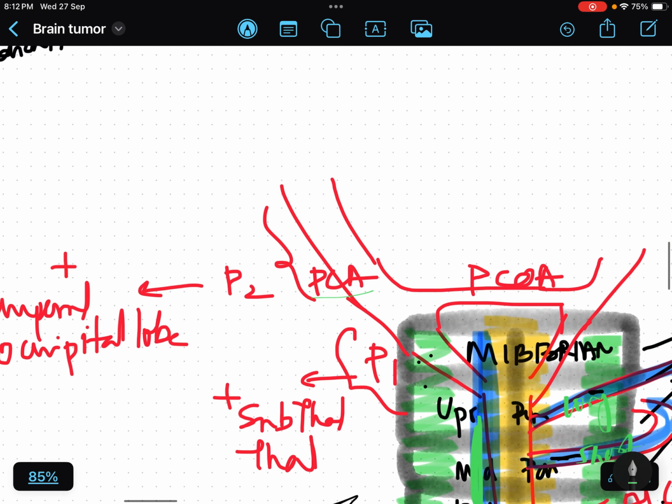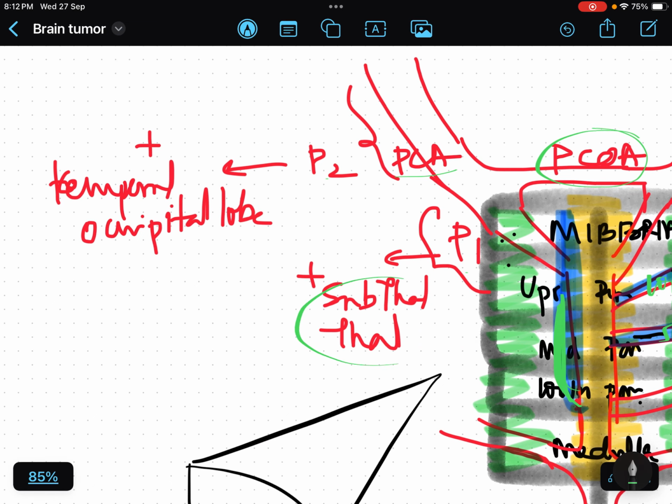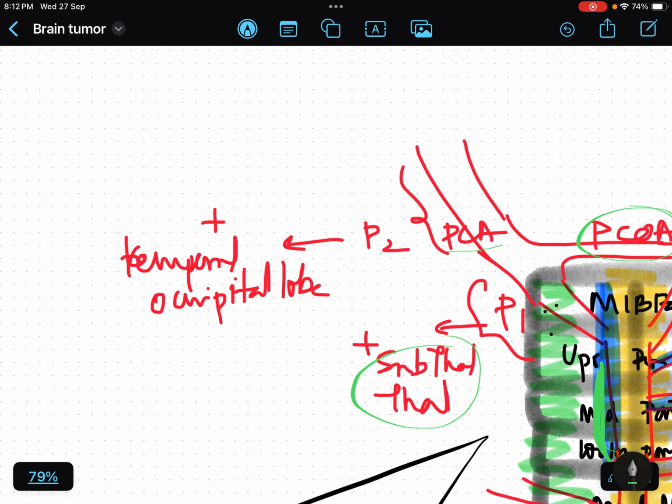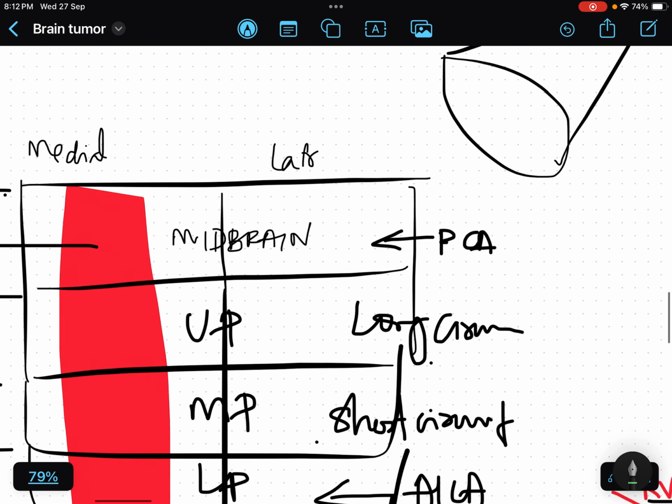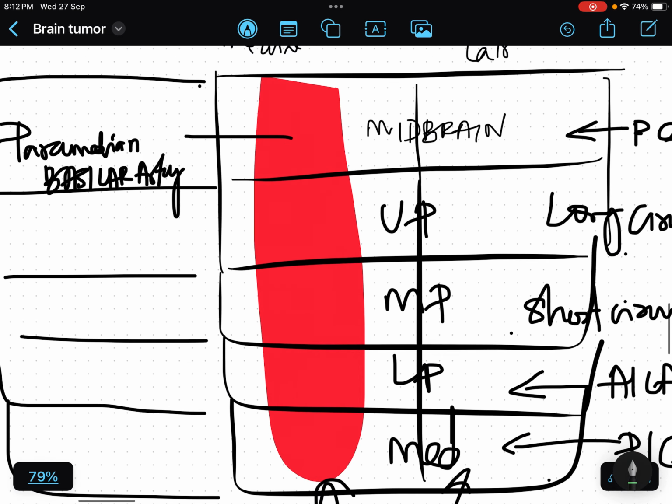PCA can also be divided into P1 and P2 depending on whether it is proximal or distal to the communicating artery. Proximal will be P1, distal will be P2. P1 supplies the subthalamus and thalamus. P2 will supply the temporal lobe and occipital lobe. That is written here also.